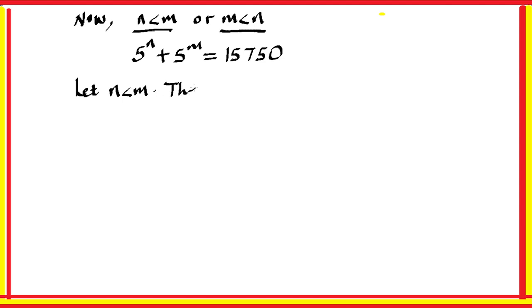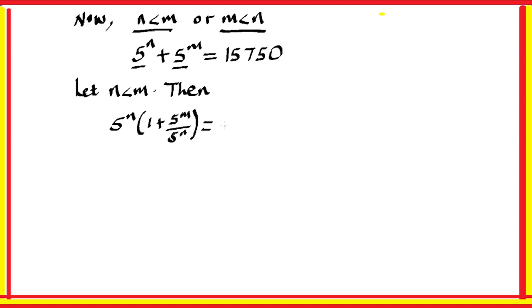So from the factorization concept, whenever we have an expression of the form 5 raised to n plus 5 raised to m, with n less than m, 5 raised to n is a factor of 5 raised to m. So we can take 5 raised to n as a common factor. It remains 1 plus 5 raised to m over 5 raised to n.